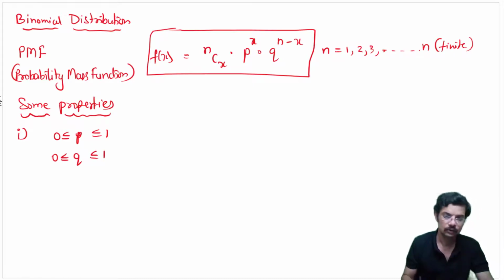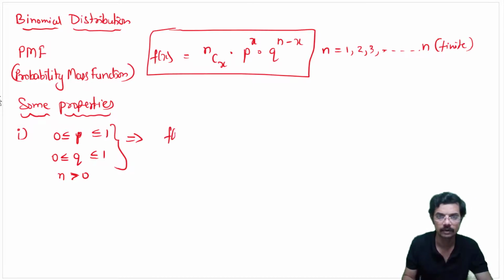So this is positive, this is positive, and n is positive. All these three things imply that the function f of x is positive.